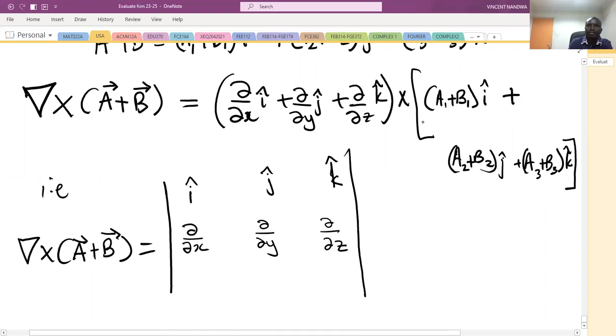And the component of i, this one is A1 plus B1. Here we have A2 plus B2. And there you have A3 plus B3. So that's just by definition of curl.